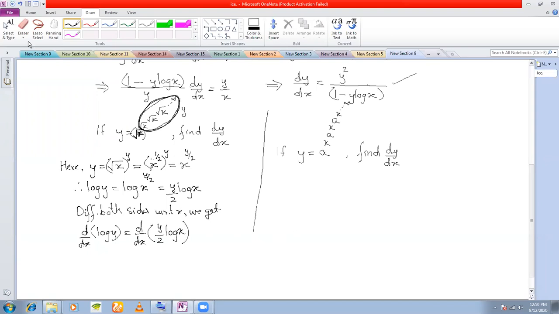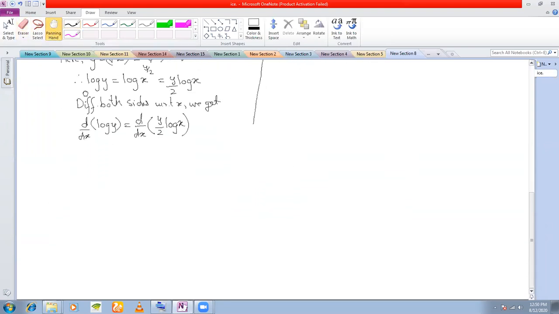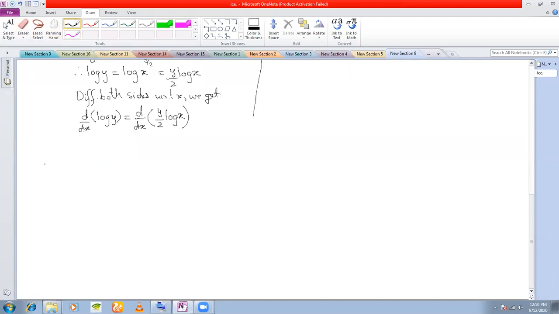So this will be 1 by y dy/dx is equal to y by 2 d/dx log x plus log x d/dx of y by 2.